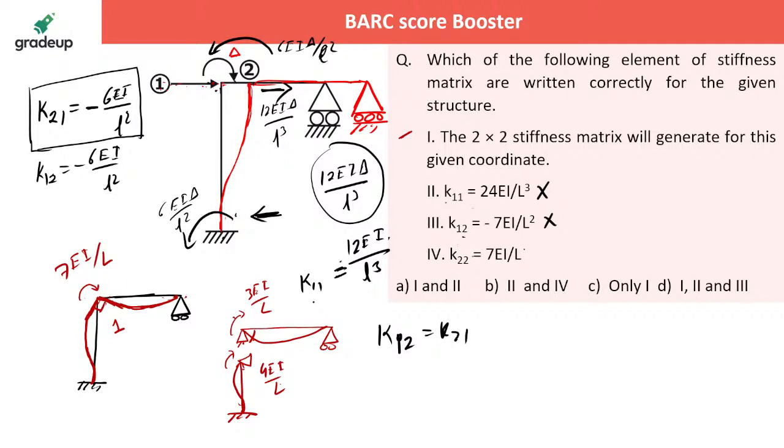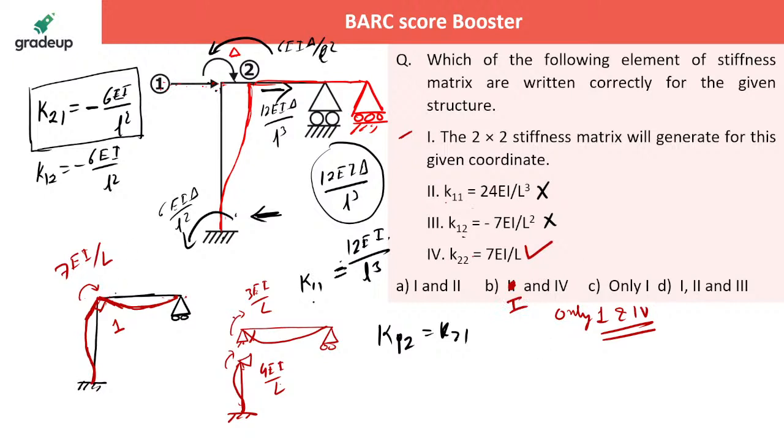So that K22, yes, it is correct. Hence only 1 and 4 are correct and no option is given. I'm sorry for that. Only 1 and 4 are correct, right?